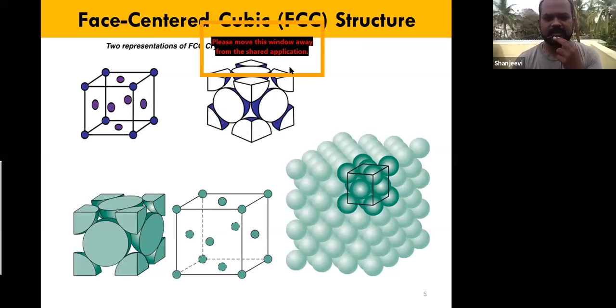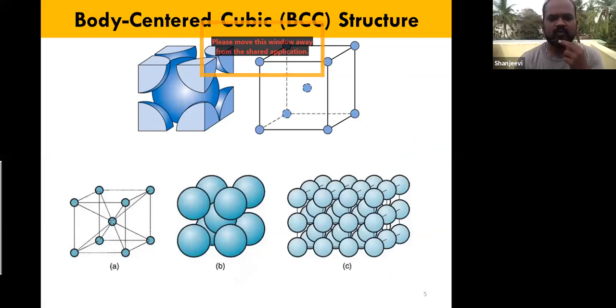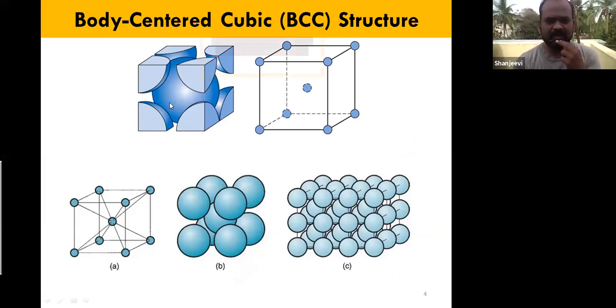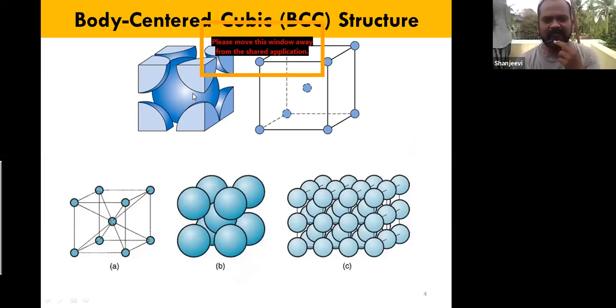When we look at this body-centered cubic structure, there are atoms at the corners, which are fixed, and one single atom at the center of the whole body. That is the whole body-centered cubic. This kind of unit cell is called body-centered cubic, and it has a packing efficiency of 68 percent.